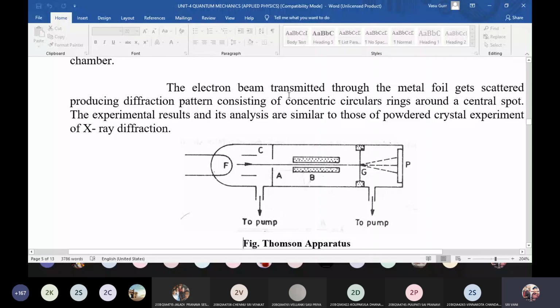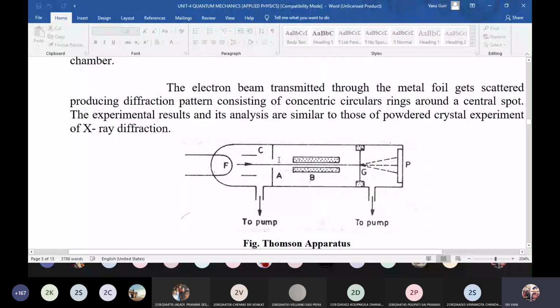Similarly, the apparatus we used in the light experiments, in the light lessons, the same concept we are using in this lesson for the apparatus. But the beam is not a light beam, it is an electron beam. So the difference between light experiments and this experiment is that in those experiments we studied the light beam, and in this present experiment we are studying the electron beam.